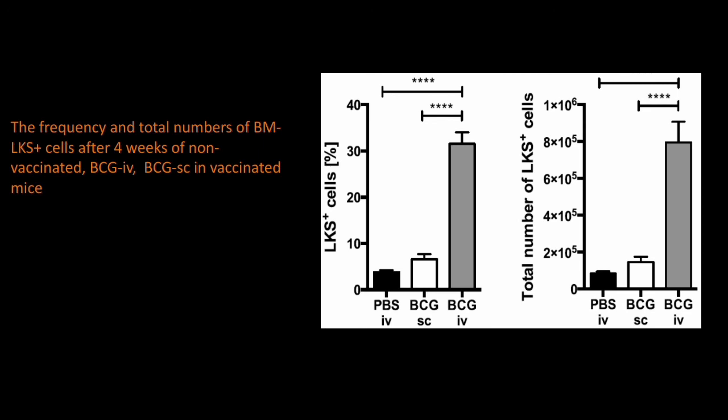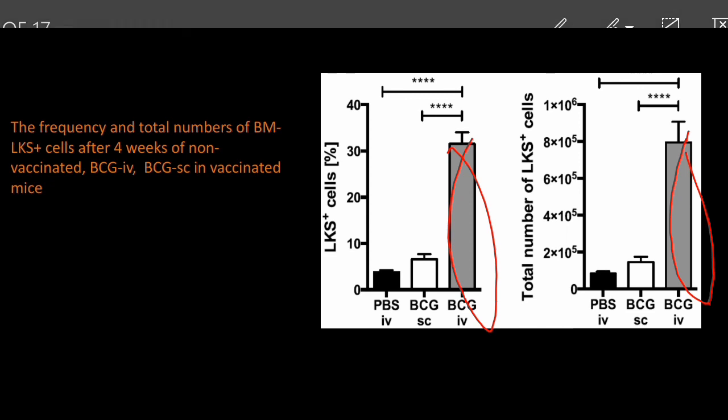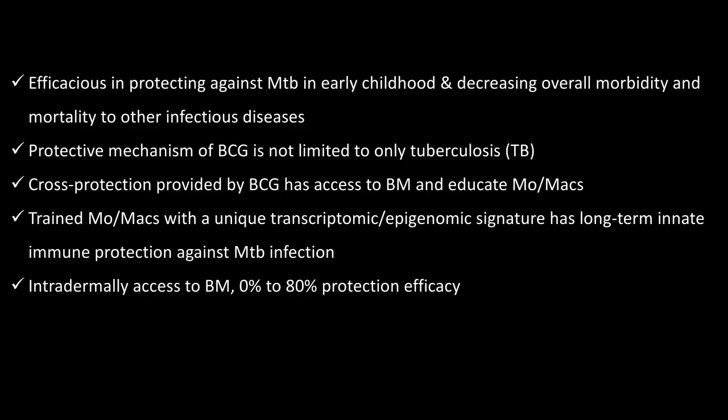Then they checked the total number and frequency of progenitor cell production in intravenous and subcutaneous injected ones. The progenitor and the total number of LKS production is high in the intravenously immunized ones only.